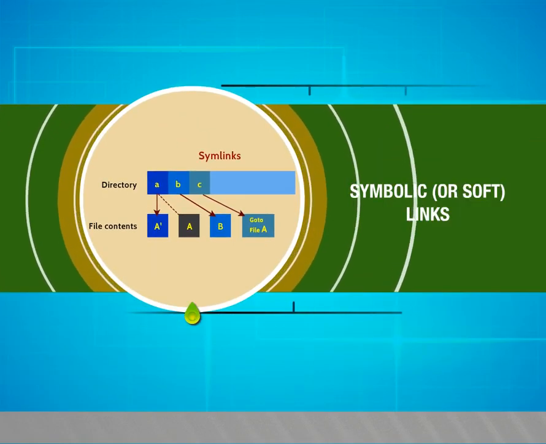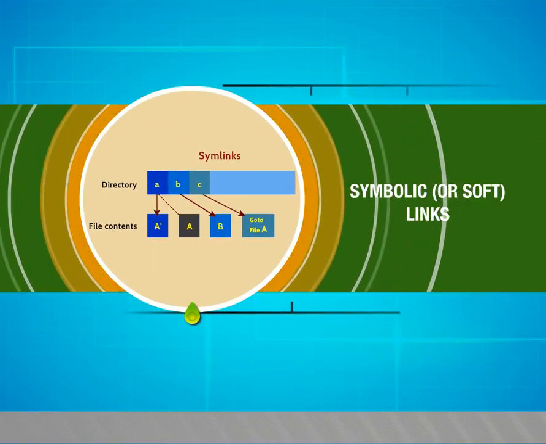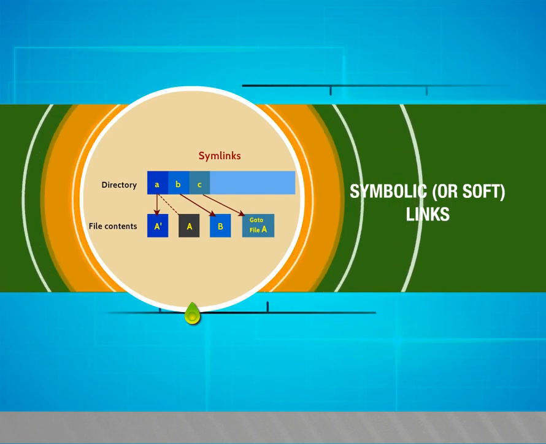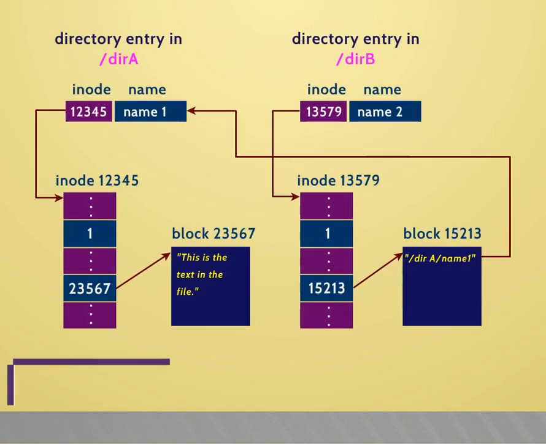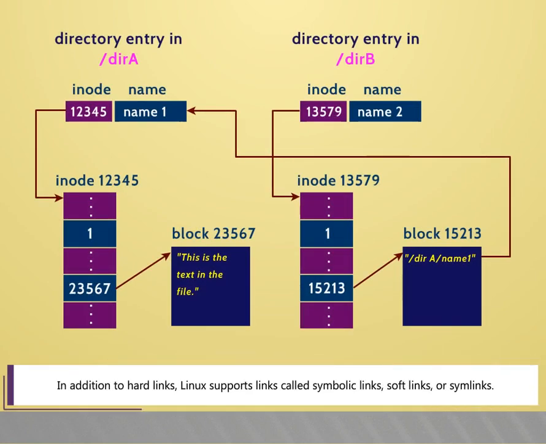Symbolic or soft links. In this video, we are going to see about symbolic or soft links. In addition to hard links, Linux supports links called symbolic links, soft links or symlinks.